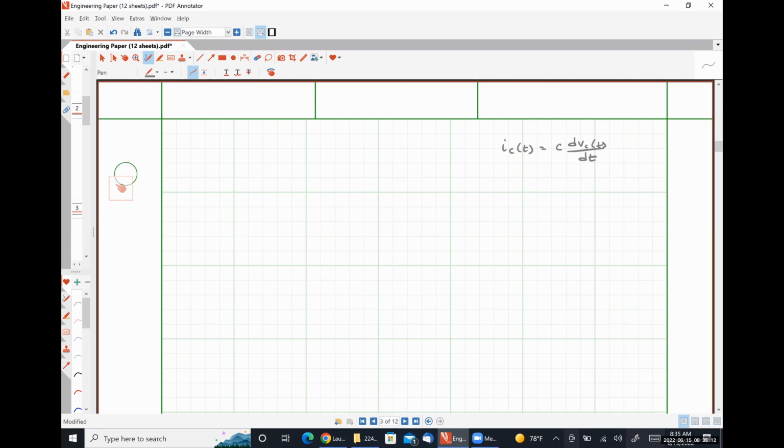And the inverse of this relationship, VC of T, is given by 1/C times the integral from -infinity to T of IC of T prime dt prime, where T prime is a dummy variable also representing time. Okay, so we need to keep those two relationships kind of in our back pocket in order for our analysis to make any sense here.